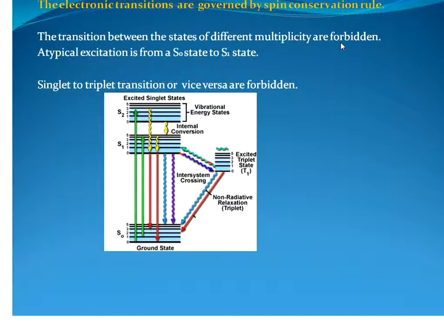As we're seeing here, from singlet to singlet, this one is spin allowed, while singlet to triplet or vice versa is spin forbidden.